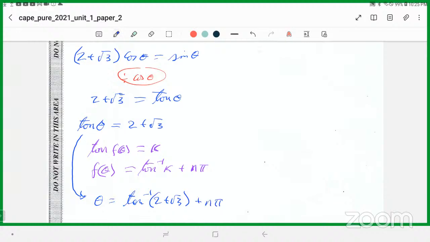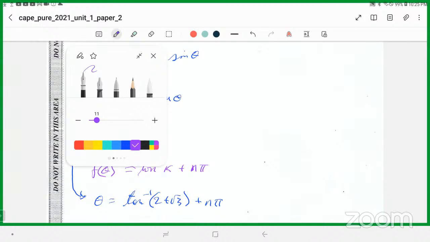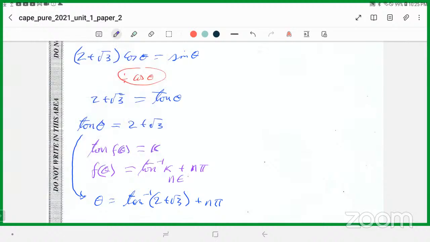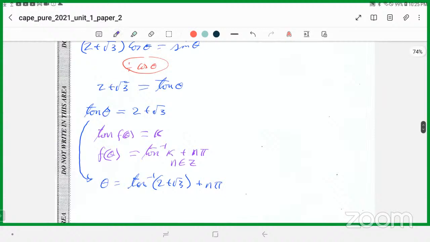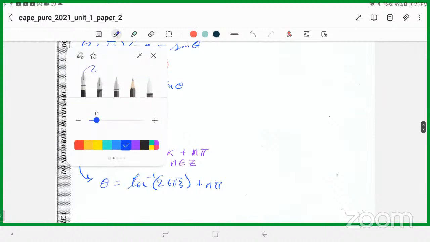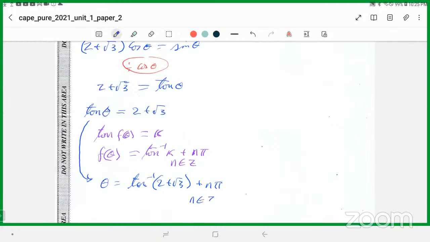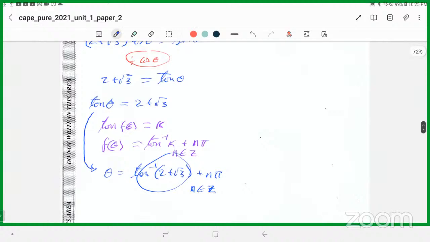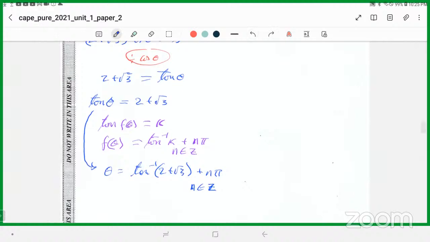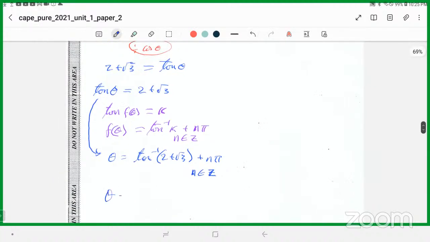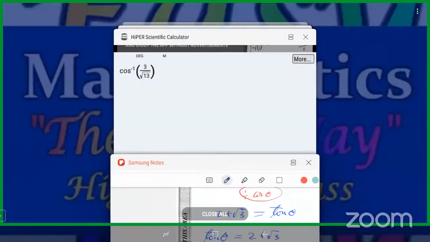And here you have to say n is an integer. You have to say this statement, n is an integer. So we can work this out now. That's what the calculator gives us. So we can make a comparison. So my theta becomes equal to, I'm going to see what it becomes. Maybe we get a nice good angle with it. Let's see what the calculator gives us.